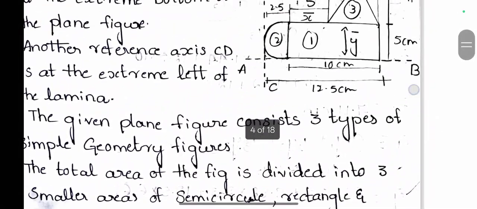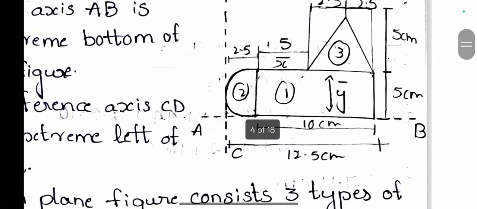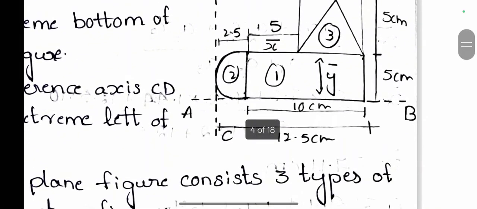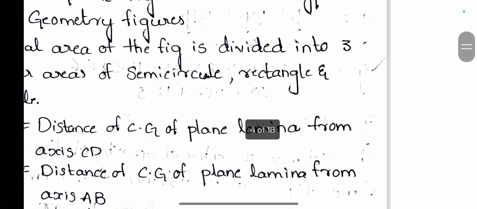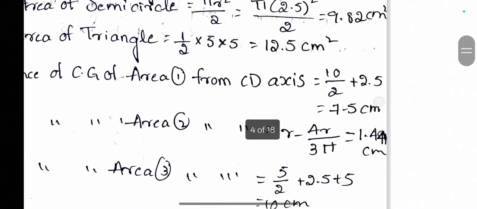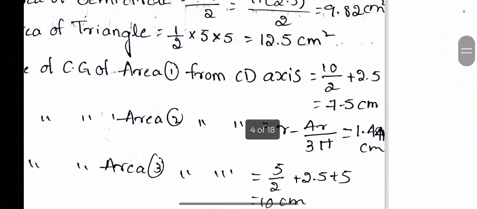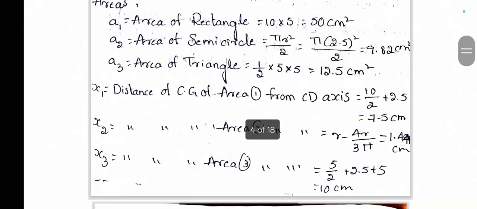But the reference axis for the rectangle is at a distance of 2.5 centimeters from the whole lamina reference axis CD, so we add another 2.5: 10 divided by 2 plus 2.5 equals 7.5 centimeters, which is X1.